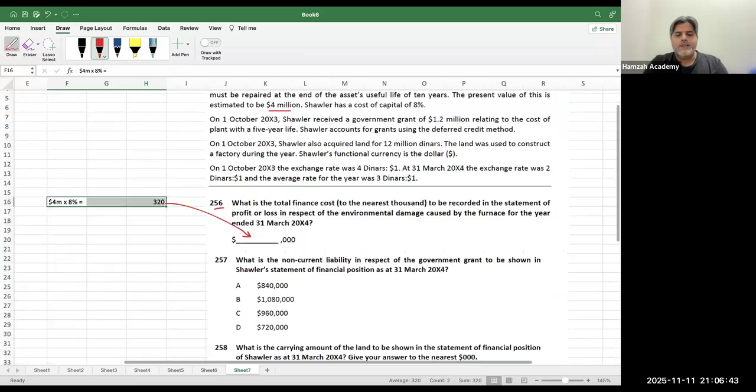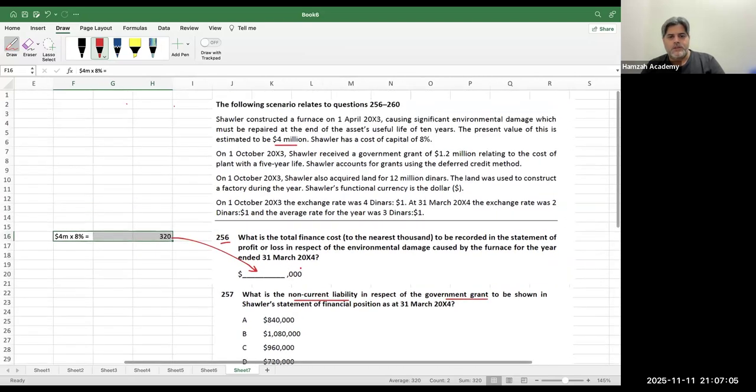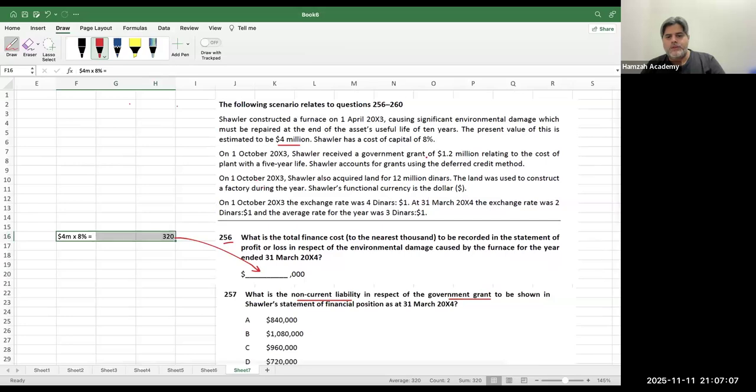Then, what is the non-current liability in respect of the government grant to be shown in the Scholler statement of financial position? Okay. Scholler received a government grant of 1.2 million relating to the cost of the plant with a 5-year life. Scholler accounts for the grant using the deferred credit method.